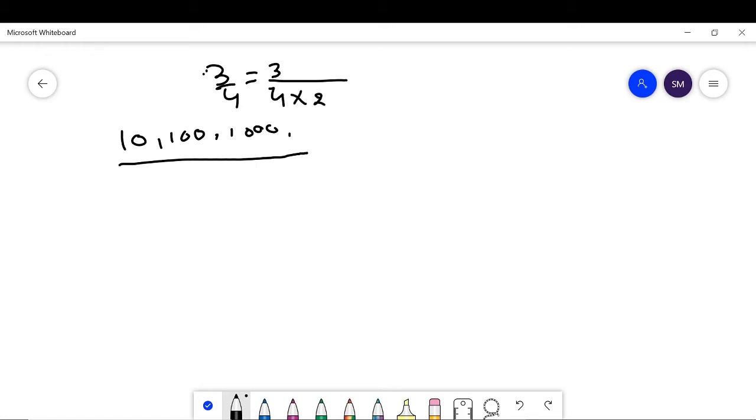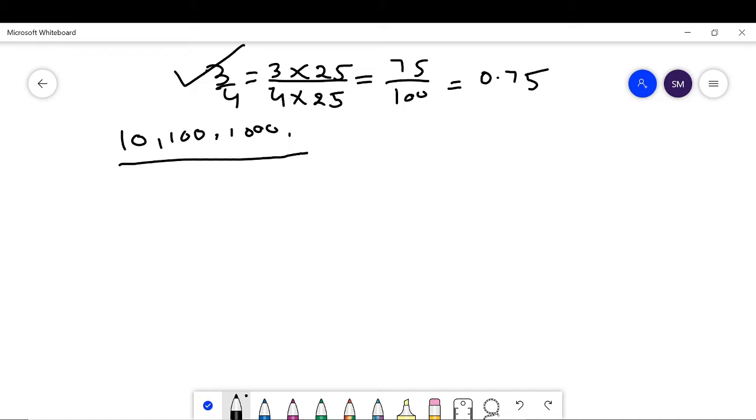If 4 is multiplied with 25, we get 100. Then you know very well, when we multiply a number with the denominator, we must multiply the same number with the numerator, otherwise the value will change. This is 75 upon 100. How many zeros are in 100? 2 zeros. Hence we want 2 digits after the decimal. Then where is the decimal point? This is the decimal representation of 3 upon 4: 0.75.